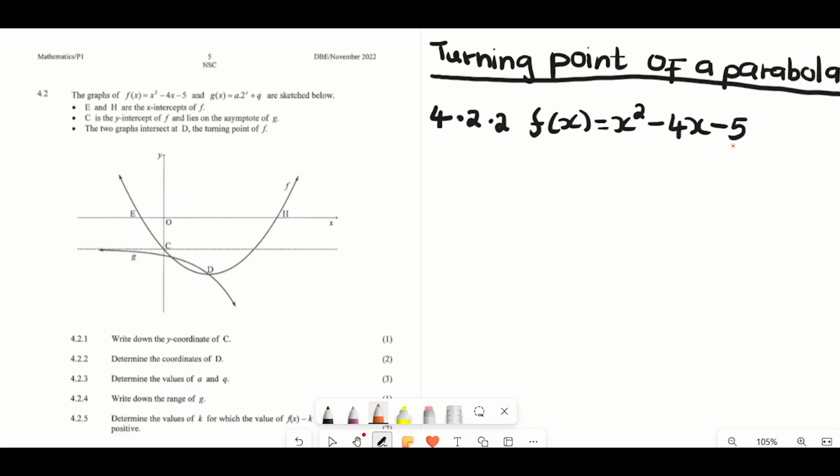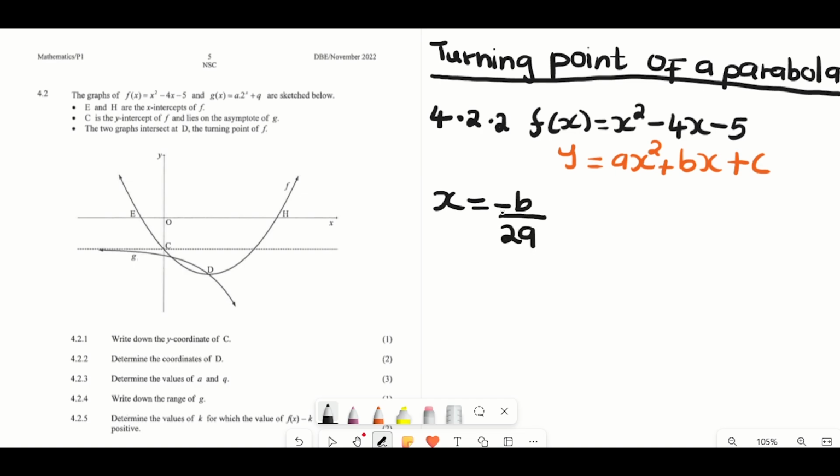Remember that I said when the equation of the graph is given like this, we call this the standard form of your parabola graph. And when we're given the equation in standard form, it's very easy to find the turning point because we simply use the formula x equals minus b over 2a.